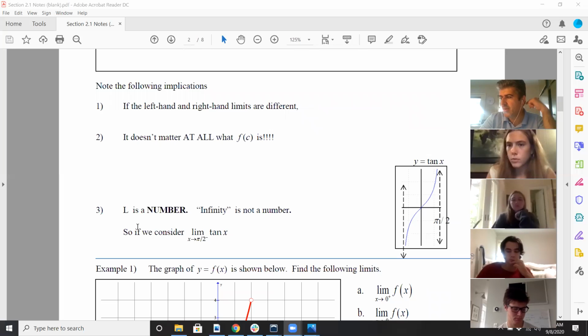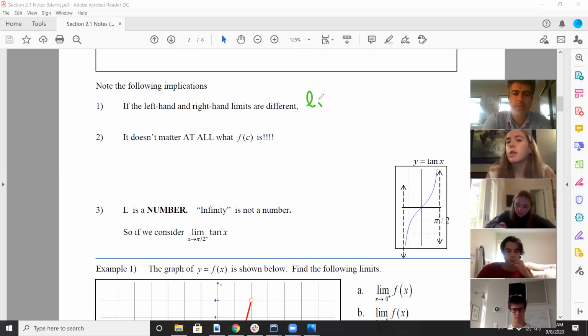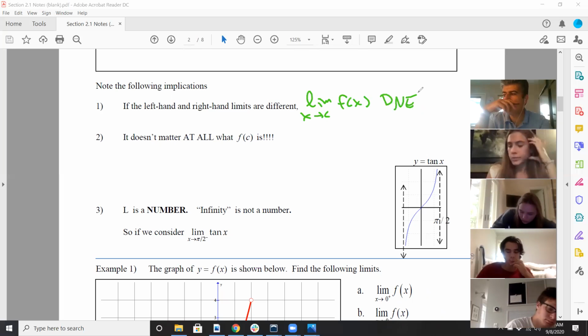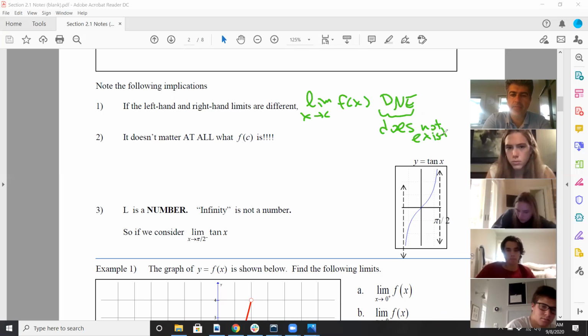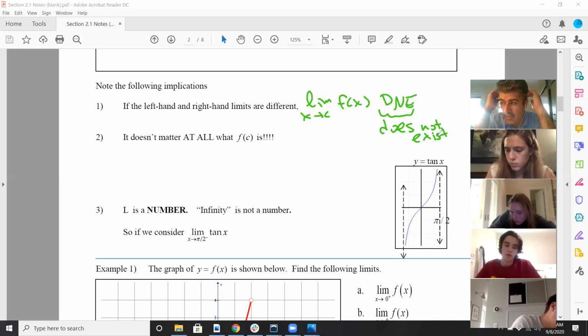Obviously, if the left and right-hand limits are different, then the limit as x approaches c of f of x does not exist. Remember, this is shorthand for does not exist, DNE. Yeah, they approach different numbers like we saw in the homework, so the limit doesn't exist. And we do not care what f of c is. It does not matter at all.